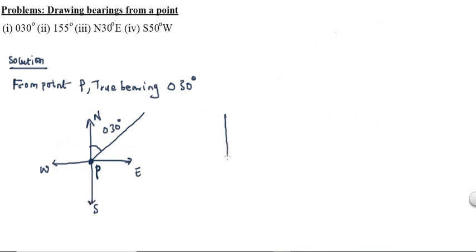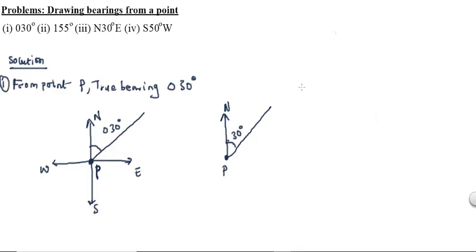So you can write it in the form of this. You just have your point. Since your key reference point is your north, you just write your north. Then write your point P. Then you can draw it this way in the clockwise direction, so that this will be 30 degrees. So both of them work. So this is the solution for the first example.